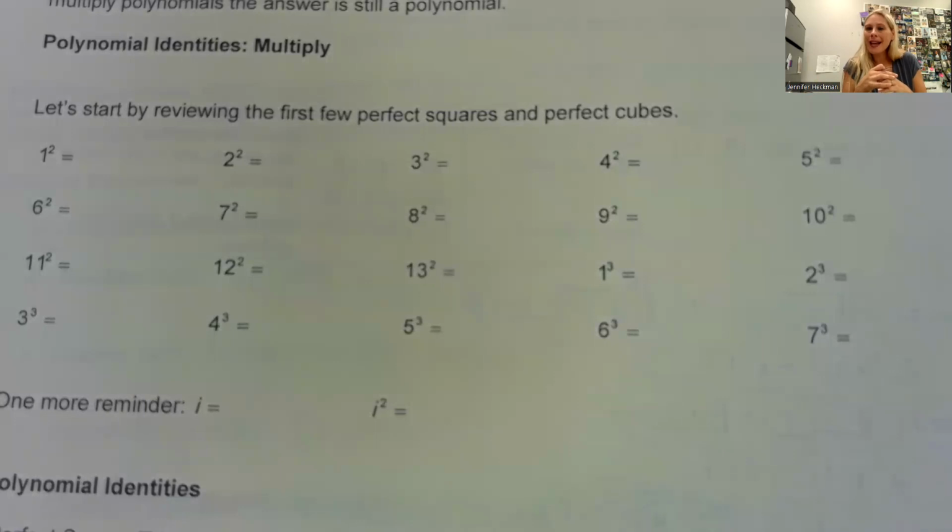If you have the same setup, like the difference of squares or squaring, just like we had 3x minus 4 squared, those are certain patterns that always happen. Polynomial identities will allow us to go through that maybe a little bit faster. Now, do you have to use the identities? No, but I do want you to practice a little bit in case you like it.